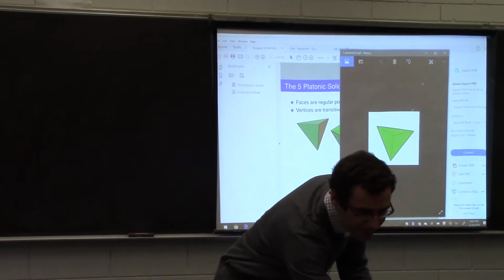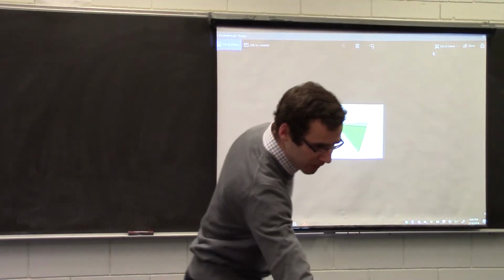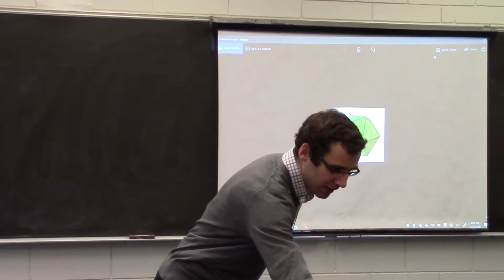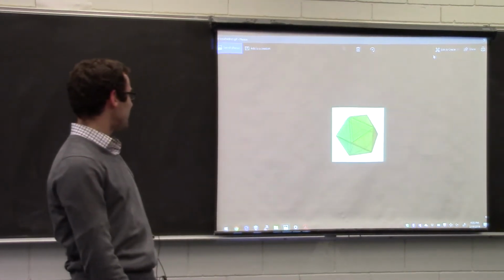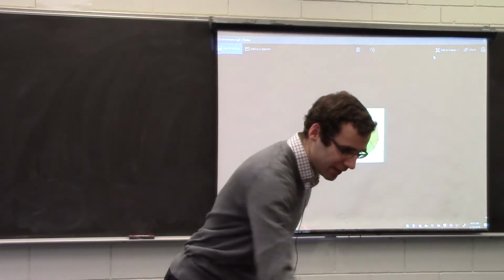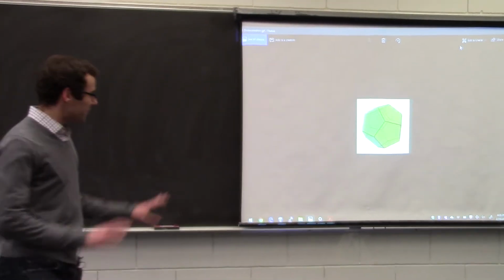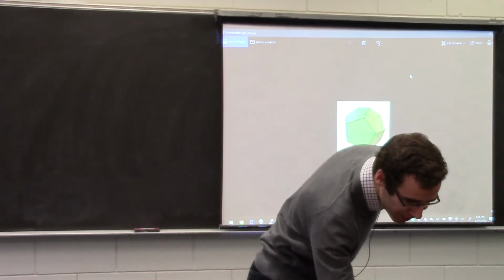Here's the tetrahedron rotating around, the octahedron, the cube, the icosahedron made up of 20 triangles, and finally the dodecahedron, which is different for this talk than the others, and something we're going to focus a lot of time on.